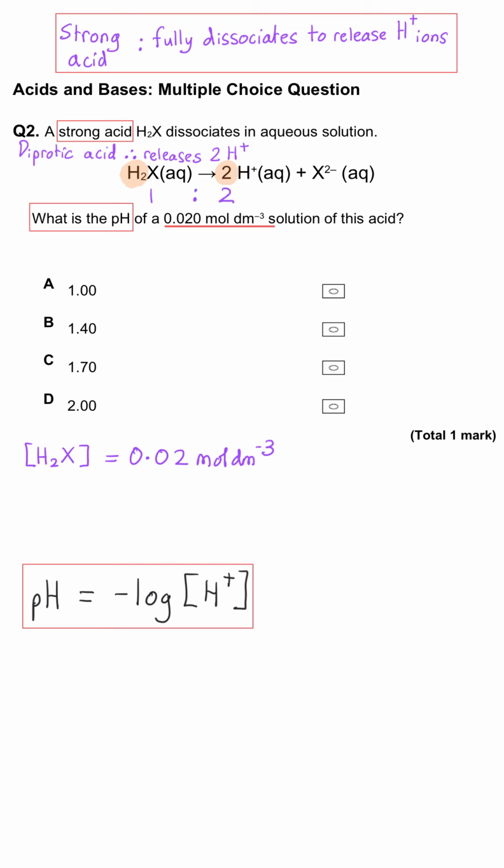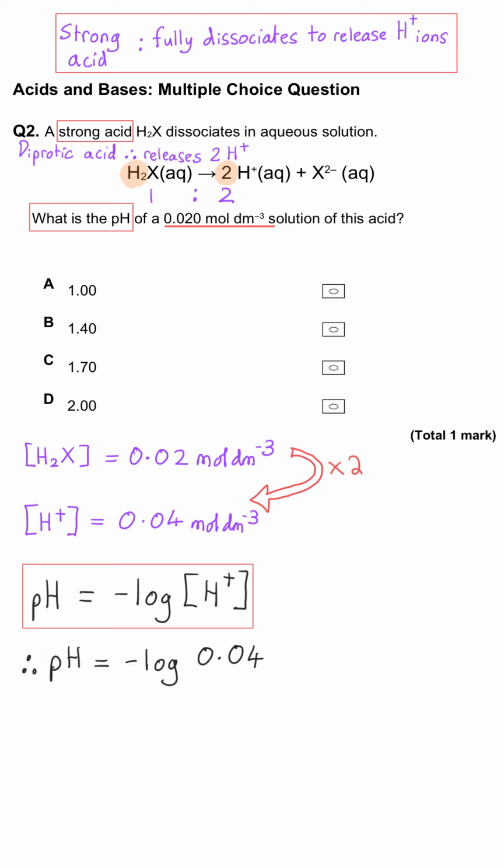So the acid concentration is 0.02, but the hydrogen ion concentration will be double that, in other words, 0.04. And so then we need to take the negative log of 0.04, which gets us 1.3979. And then when we look at our 3 significant figure options to 2 decimal places, that is 1.40. And so B is correct.